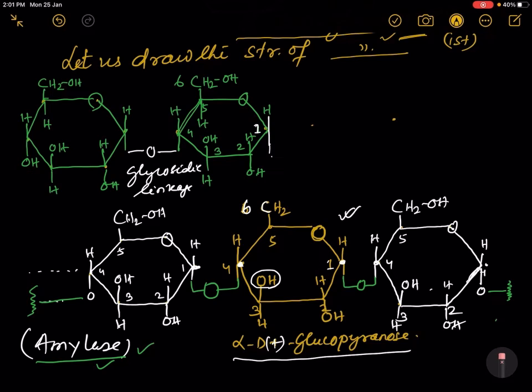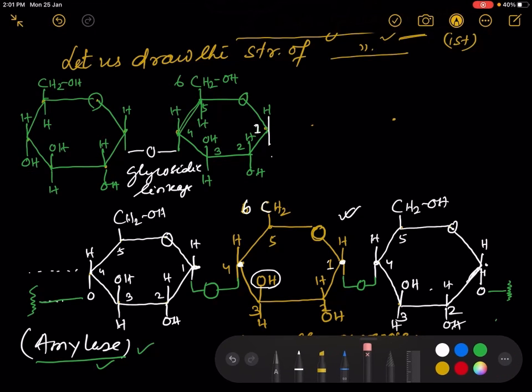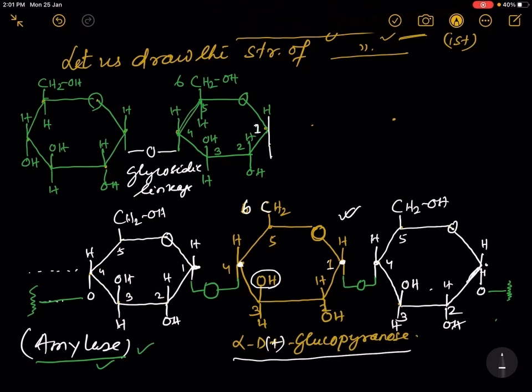A glycosidic linkage is drawn between number 1 and number 6 carbon of amylose units, and this is cross linked and it is a branch structure, and this is known as amylopectin.